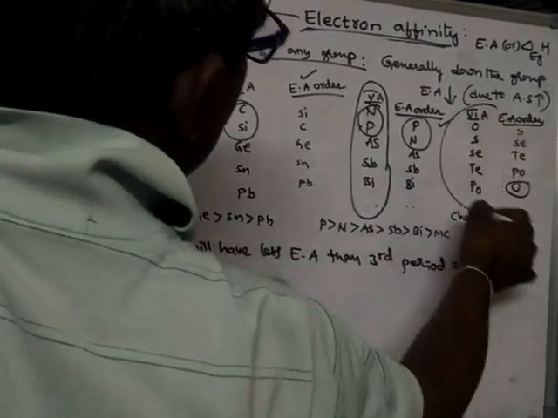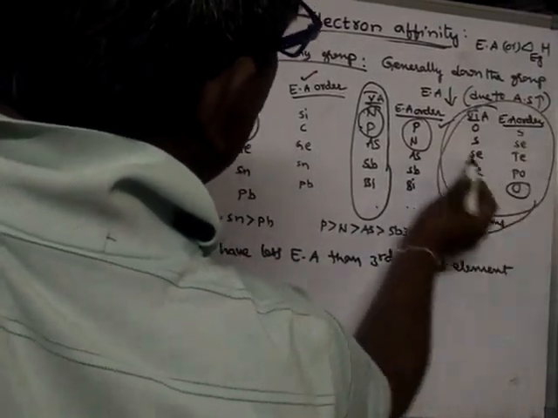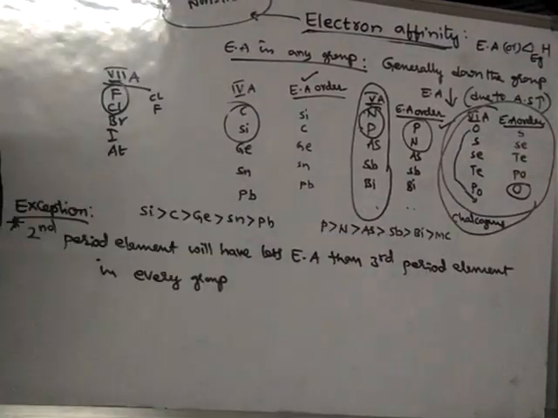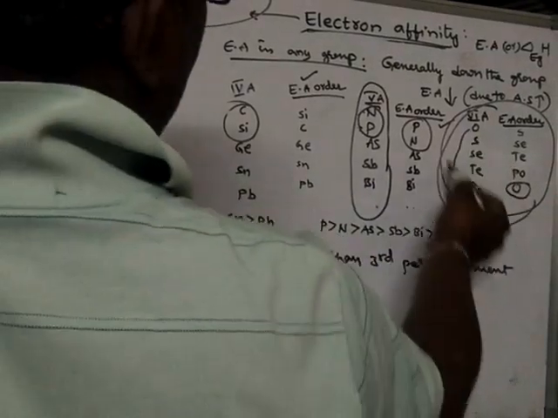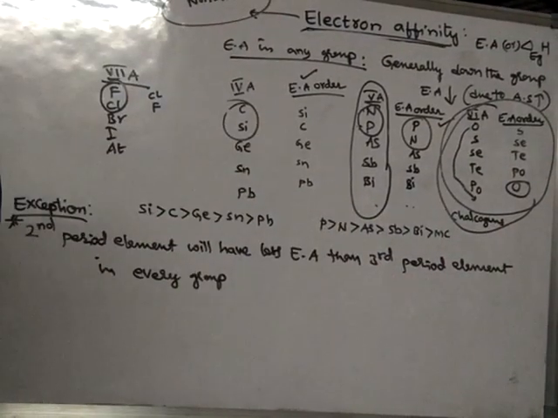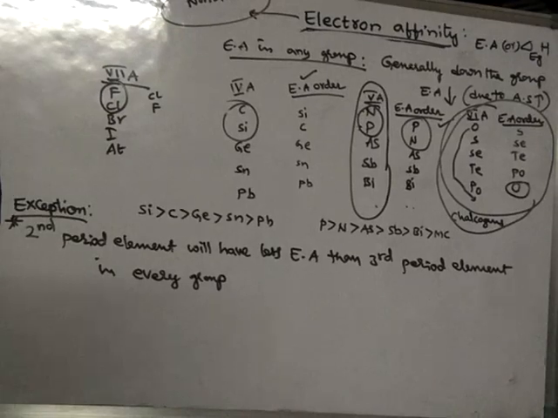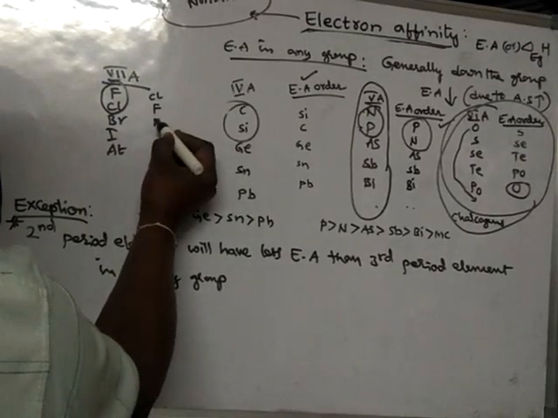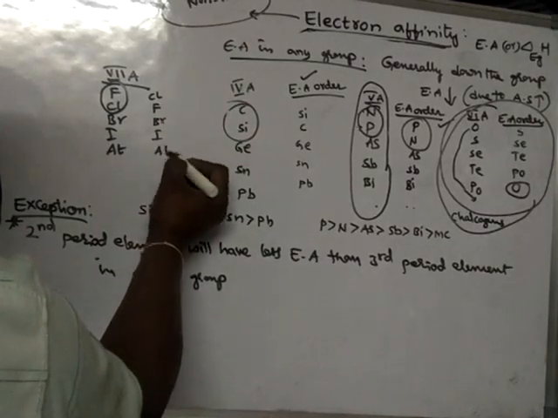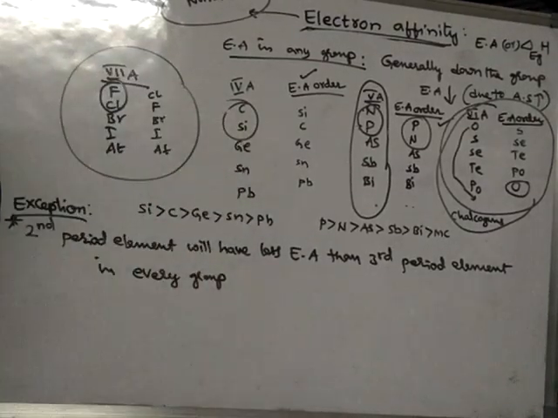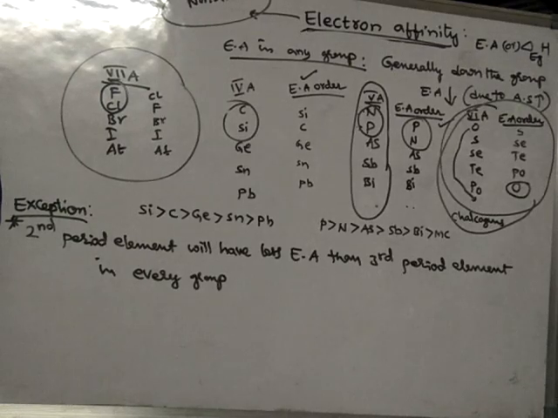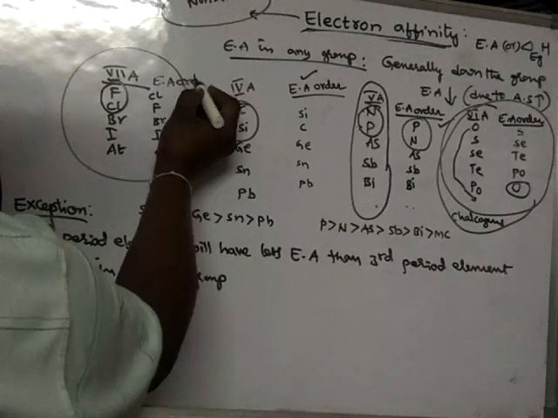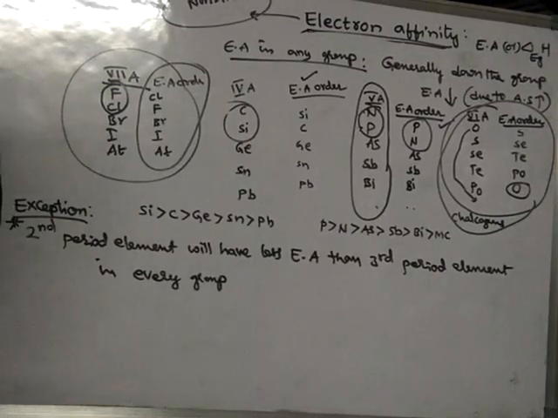Whereas in chalcogens, oxygen will come to the very end. Among all chalcogens, oxygen will possess the least electron affinity value. So the order for the 7th A group is chlorine, fluorine, bromine, iodine, astatine. This is the correct electron affinity order.